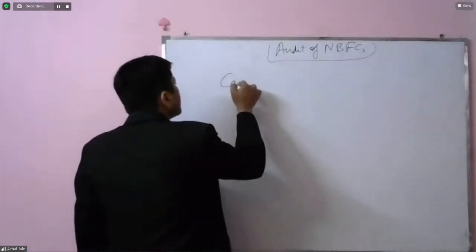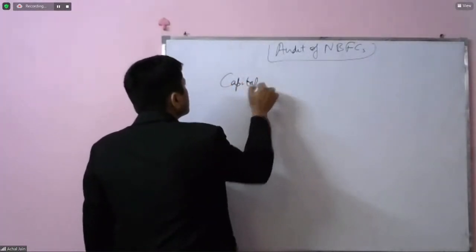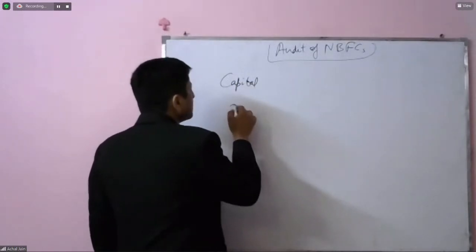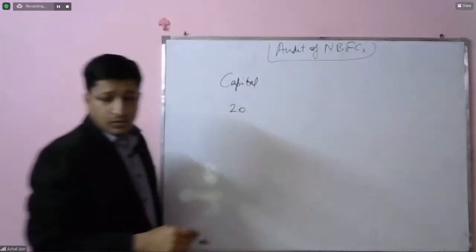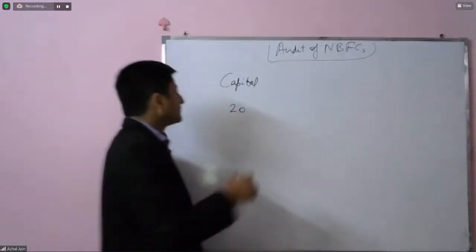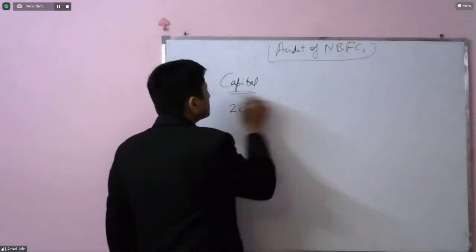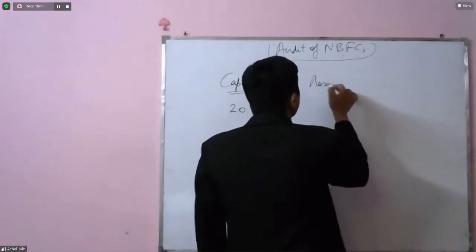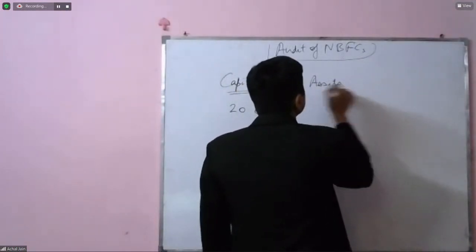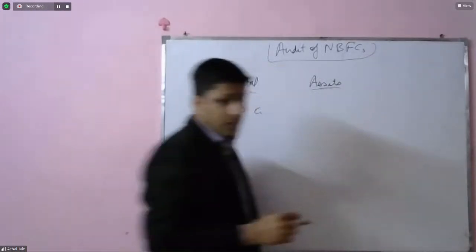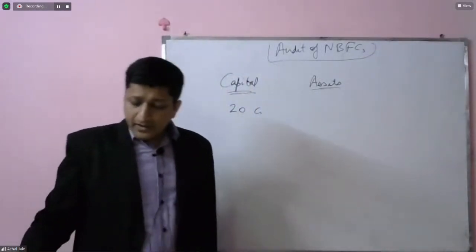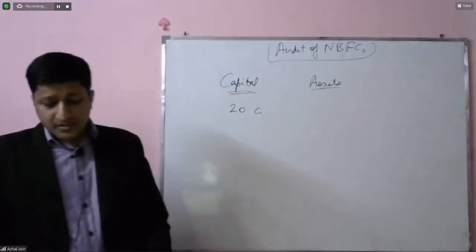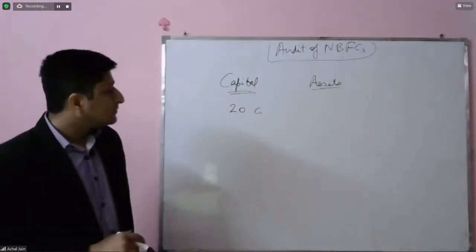So this is the capital of the NBFC. Say it is 20 crore. And there are certain assets of the NBFC, because like any other entity, NBFC will also have some assets.